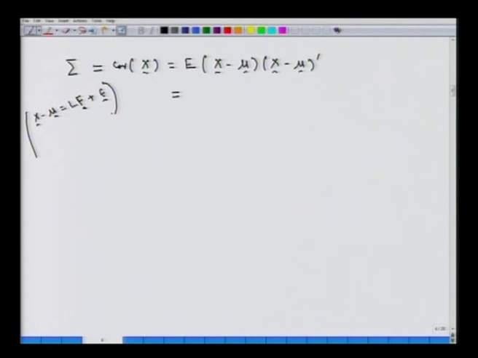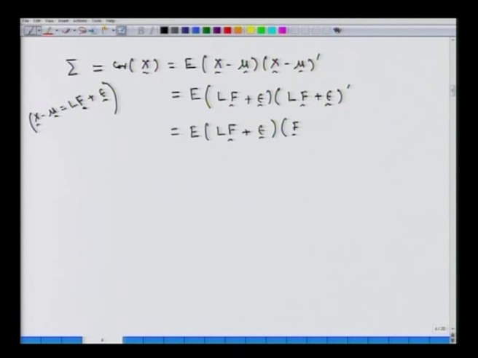So, this is the factor analysis model. Now, using that, we can write this as the expectation of LF plus epsilon into LF plus epsilon transpose, which is F transpose L transpose plus epsilon transpose.